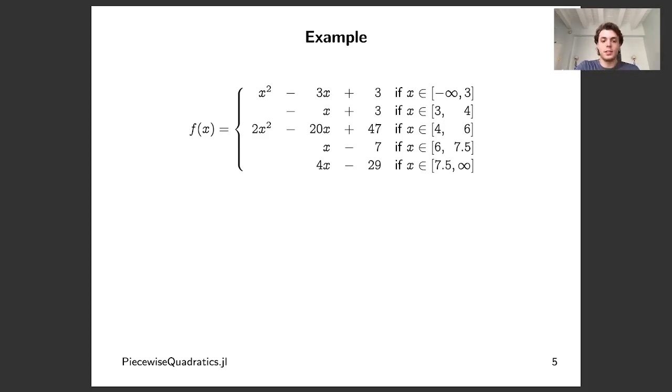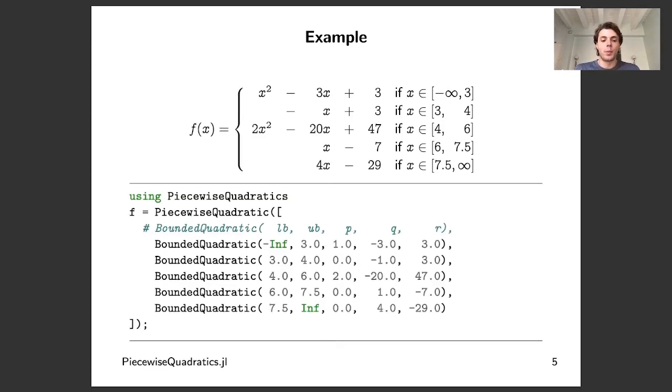To represent this using PiecewiseQuadratics.jl, we represent each quadratic piece as a bounded quadratic. This is just a standard quadratic function defined on some bounds by an interval. And the piecewise quadratic f is just a list of these bounded quadratics in order.